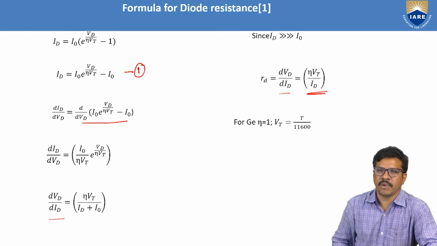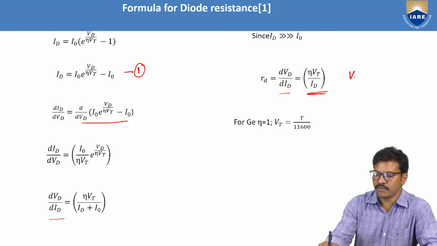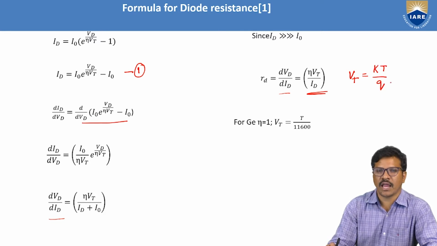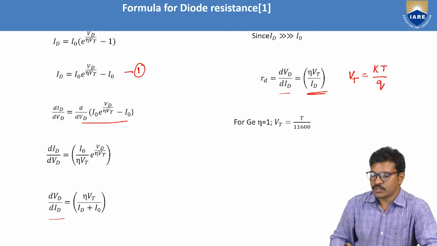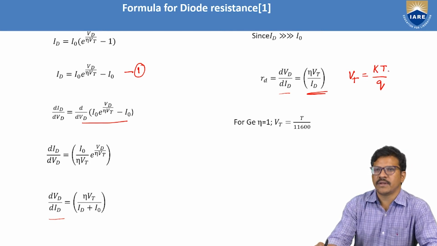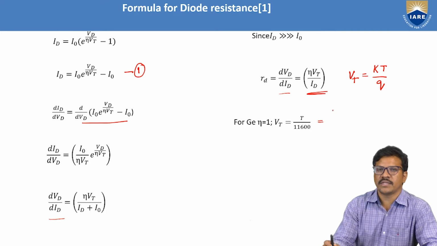Also remember that the volt equivalent temperature Vt is equal to kT by Q, where k is the Boltzmann constant, T is the temperature in Kelvin, and Q is the charge of electrons or charge of carriers. We substitute the Boltzmann constant, the temperature given by the problem, and Q, and we get Vt, or simply Vt is equal to T by 11,600, where T is the temperature in Kelvin.